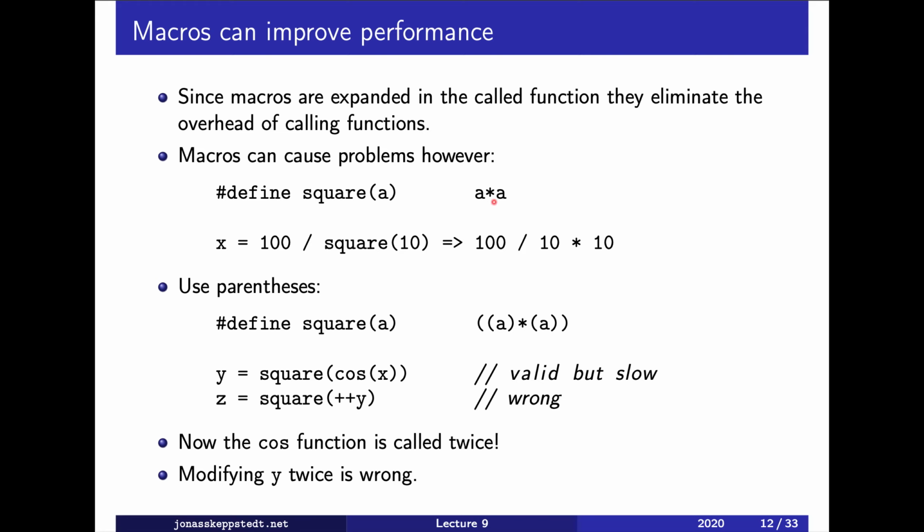But due to this macro, we will first divide 100 by 10, so we get 10, and then we multiply it by 10. So it's not what we expected. If we had parentheses around this, it would be correct. But okay, we don't.